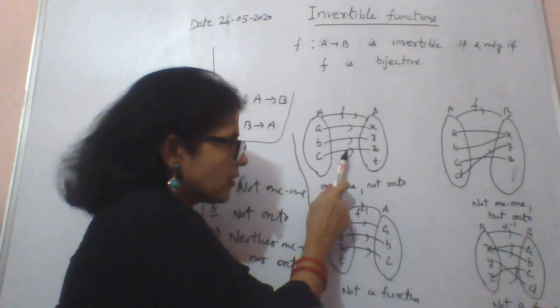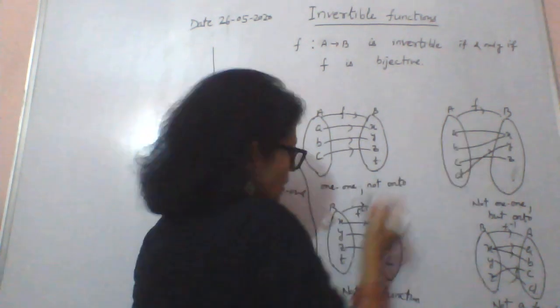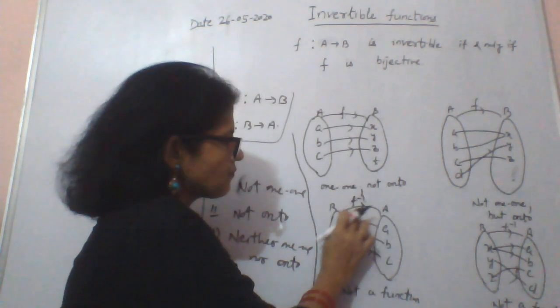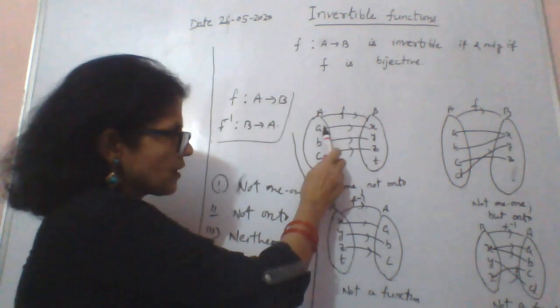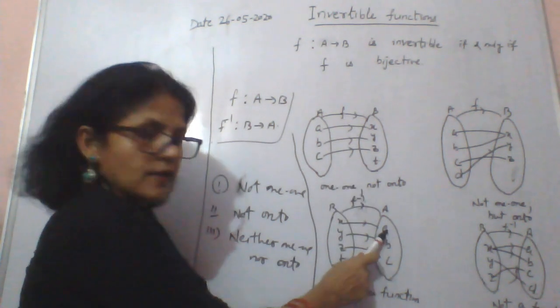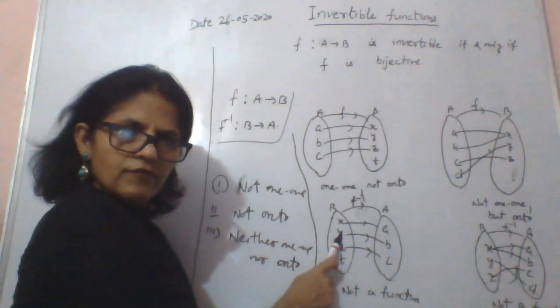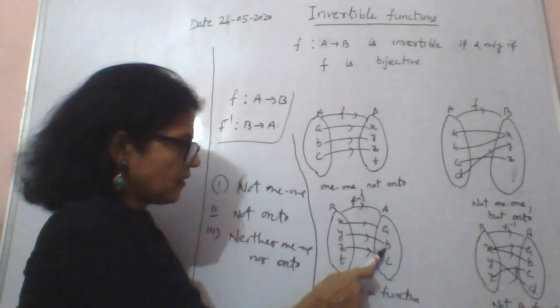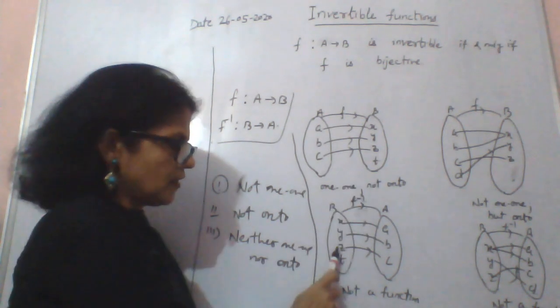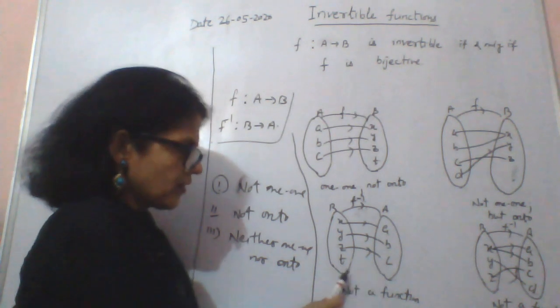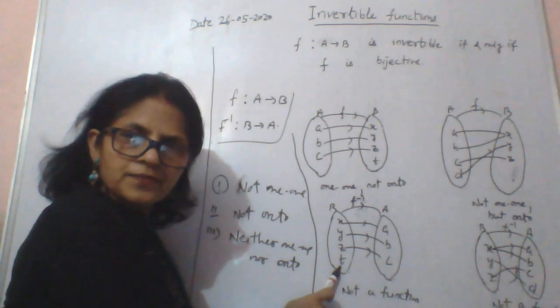Now if I write f inverse here, it is from B to A. So here you see a goes to x, in the inverse x goes to a; b goes to y, the inverse maps y to b; c goes to z, the inverse maps z to c. Now here you see t is left.